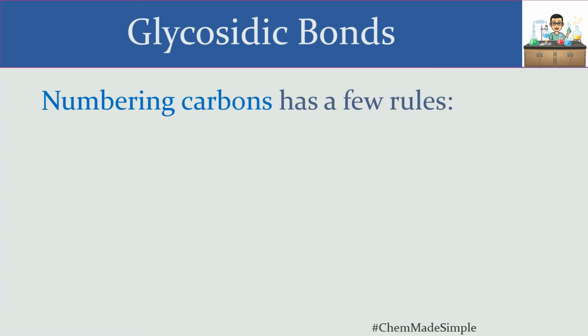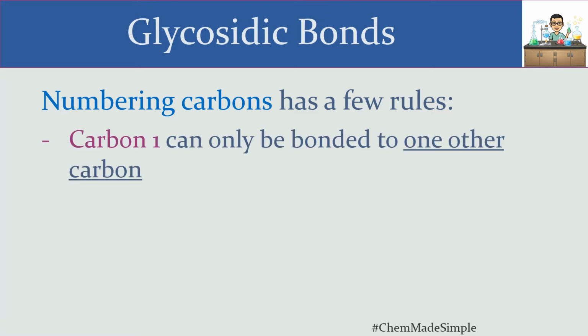So numbering carbons is what we're going to start off with, and numbering carbons has a few rules. The first one is that whatever carbon you identify as carbon number 1 can only be bonded to one other carbon. If you think about it, otherwise it's not really carbon number 1.